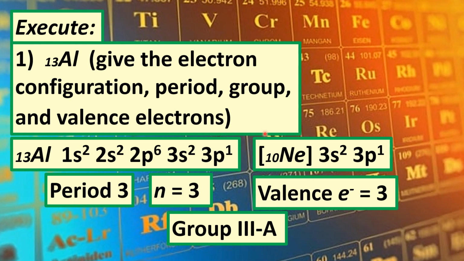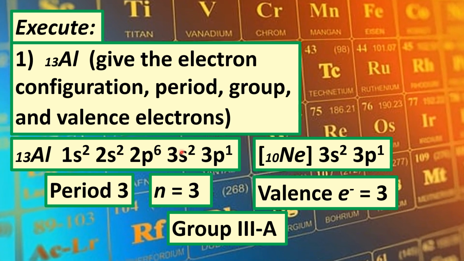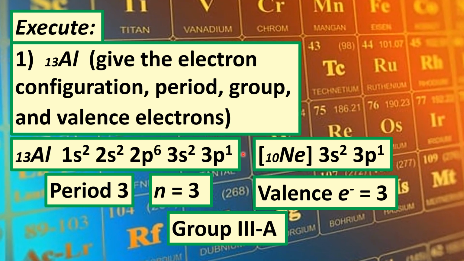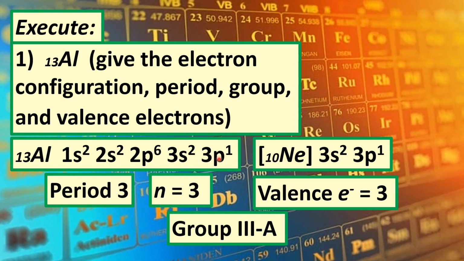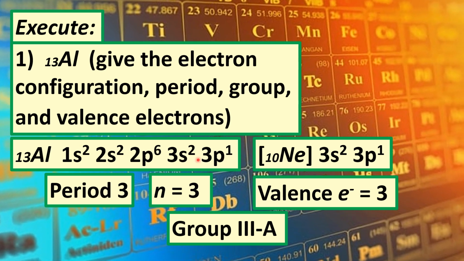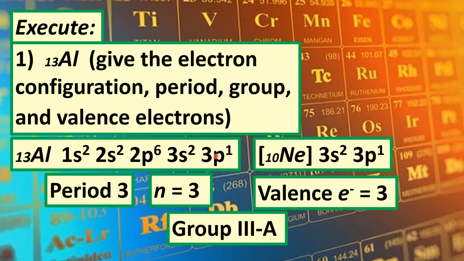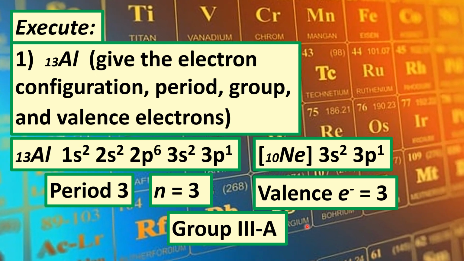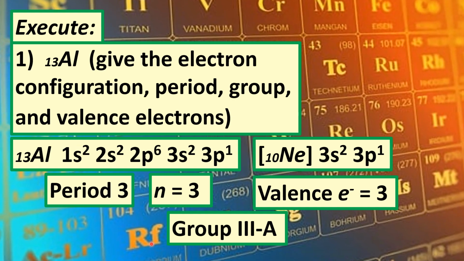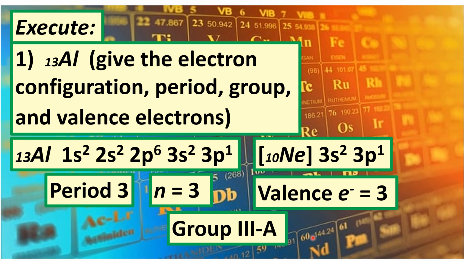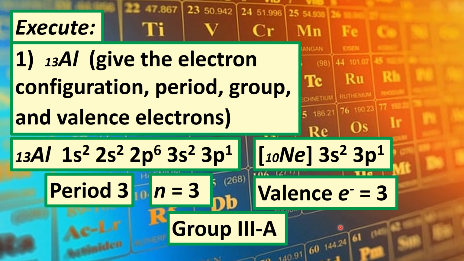It is because in the configuration, you will notice that the p orbitals are being filled with electrons. In this case, 3p1 is not yet fully filled. That is still being filled. Hence, earlier we said that if the p orbitals is being filled with electrons, that element is considered or belongs to what we call the p block elements.